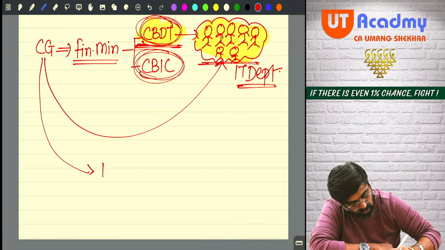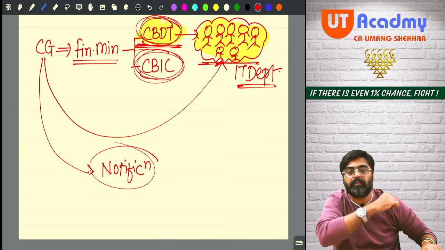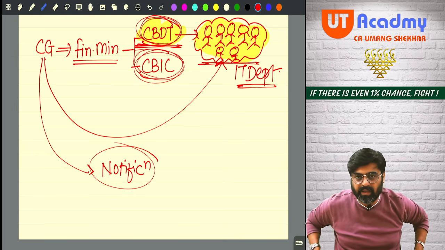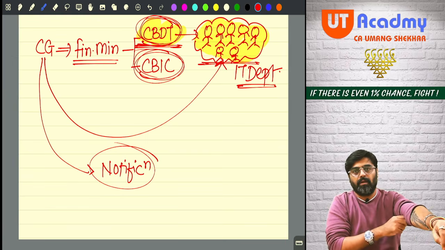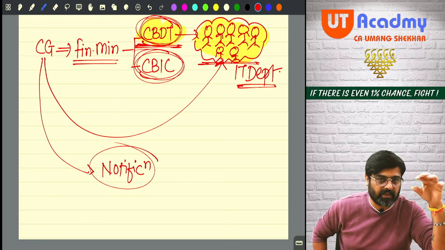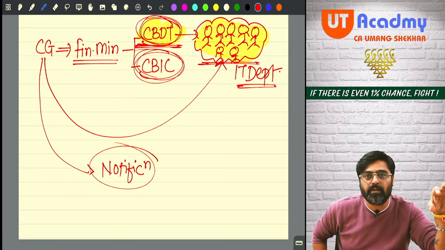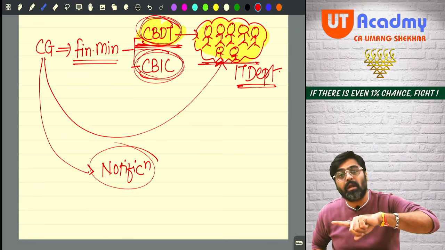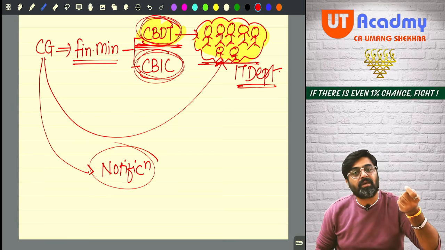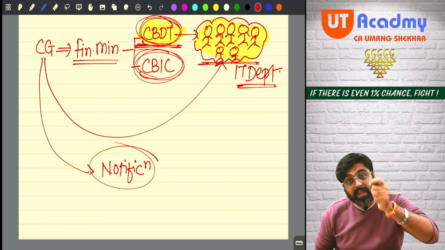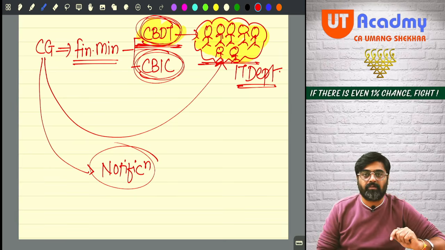Now, what happens? The central government issues notifications also. See, issuing the notification is the power of the central government, given by the Income Tax Act only. There is one specific provision in the Income Tax Act that gives the power to the central government to issue the notifications. And notifications are issued to give effect to the provisions of the Income Tax Act.